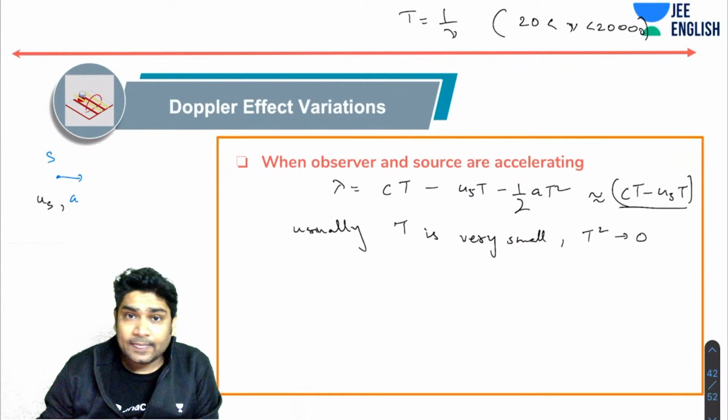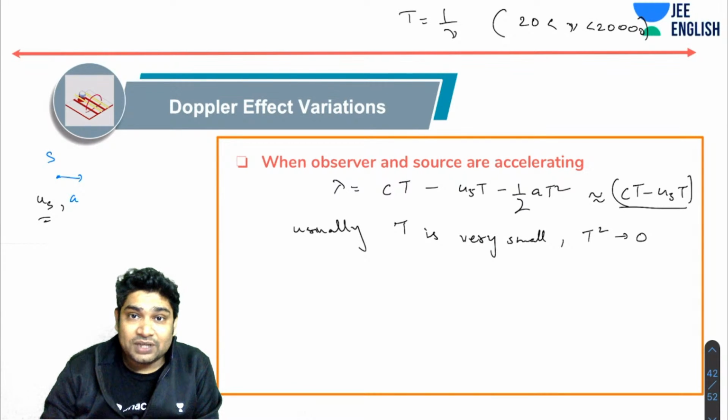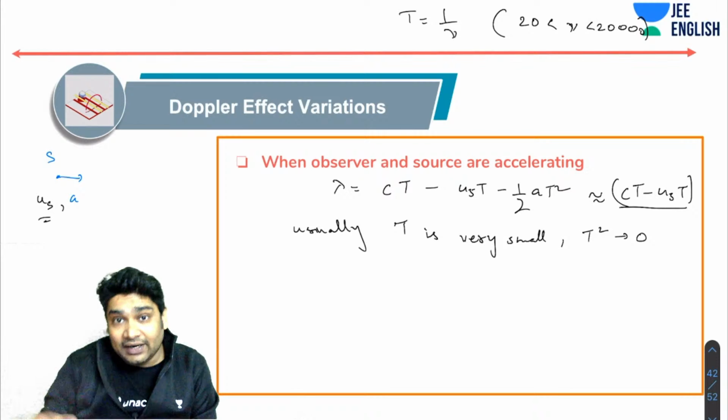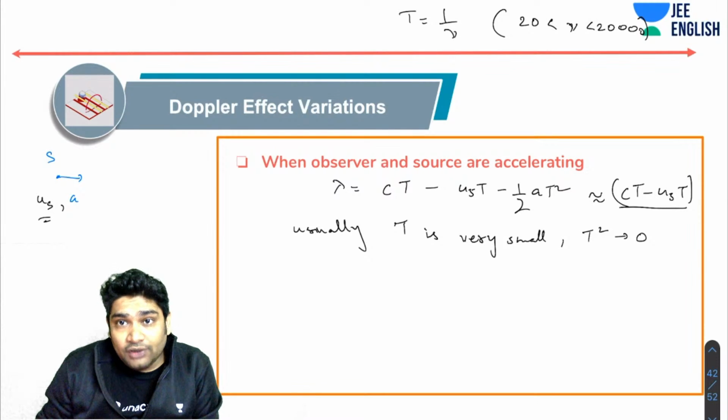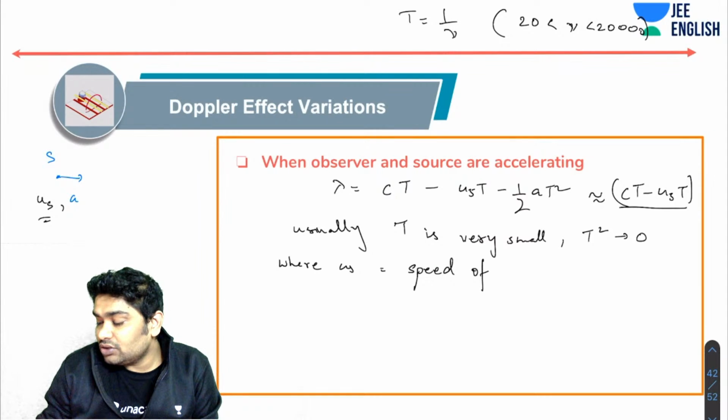Where Us is the speed of the source when it emitted a particular ray. So all you need to do is, where Vs equals speed of source when it emitted a particular frequency.